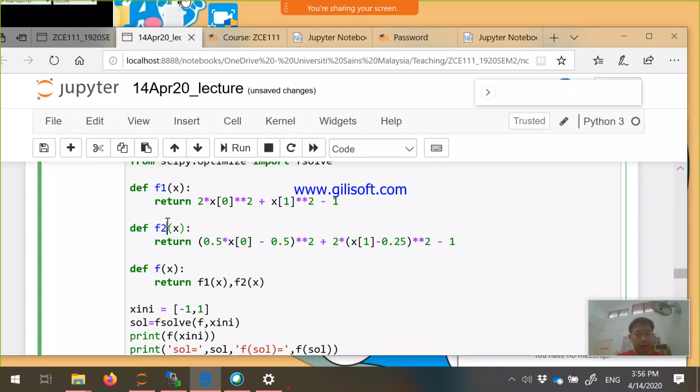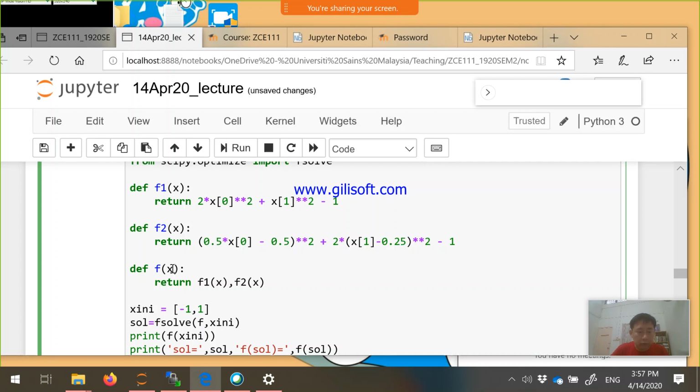After you have defined f1 and f2, you define the function f, which is made up of f1 and f2. This function f is an array that contains 2 functions, f1 and f2, and our purpose is to vary the array x such that the function to be minimized becomes 0.